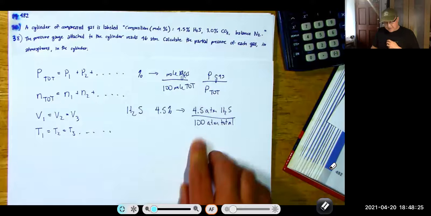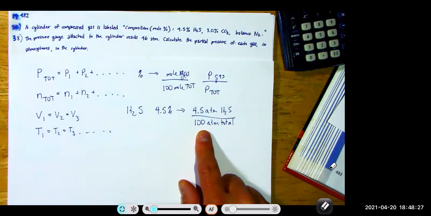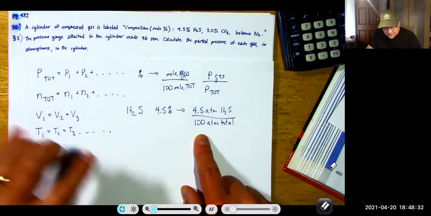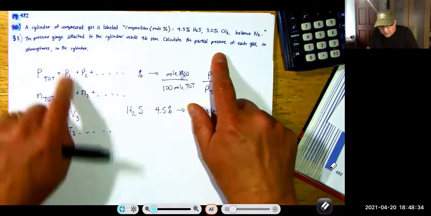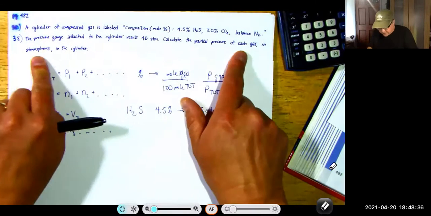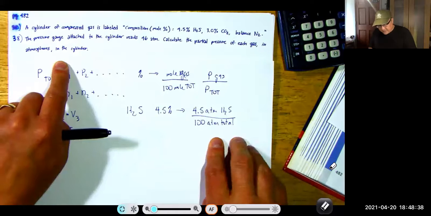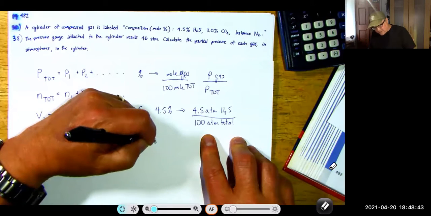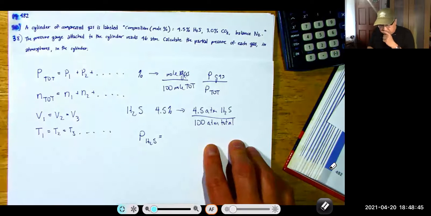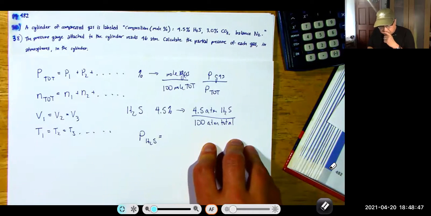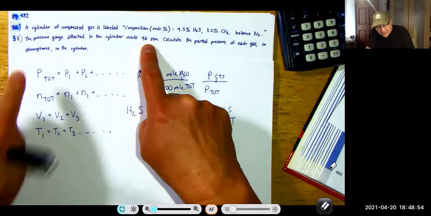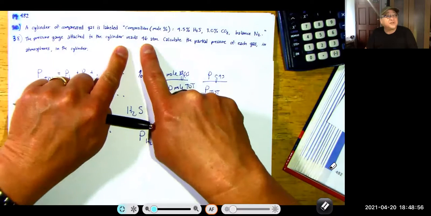Are you with me there? Right. You're going to do these calculations for all three of them. And here, this says calculate the partial pressure of each gas in atmospheres in the cylinder. Well, the partial pressure of H2S is going to be... Do you see that the pressure gauge says 46 atmospheres?